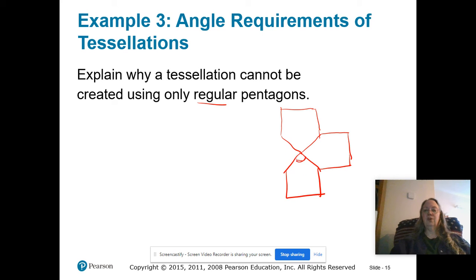What we have to do is figure out what each of these angles is. We can divide a pentagon up into 3 triangles, so we take 180 times 3, which is 540 degrees.